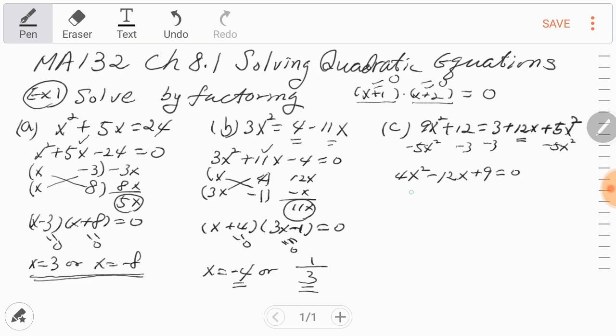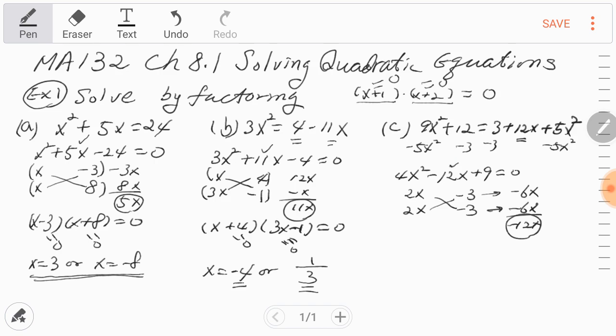Try 2x times 2x, and then 3 times 3, both negative. Negative 3 times negative 3 is 9, and cross multiplying gives negative 6x and negative 6x, the sum is negative 12x.